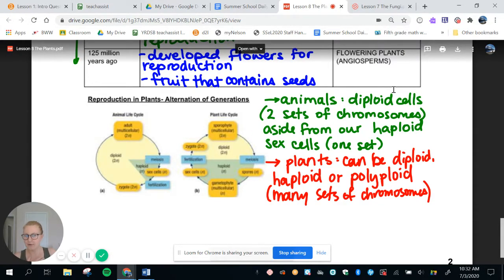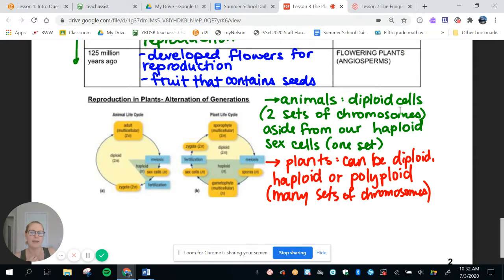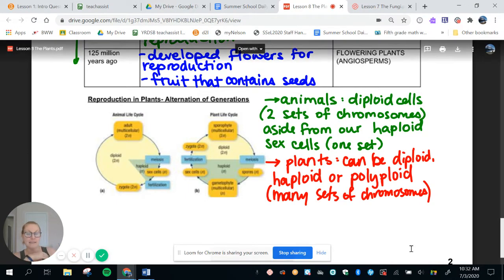So for animals, I've mentioned previously, we have diploid body cells, which each have two sets of chromosomes. That is one set from each of our parents. With the exception of our egg and sperm cells, those have to be haploid to make sure the next generation gets the intended number. Plants, though, have a really weird pattern.